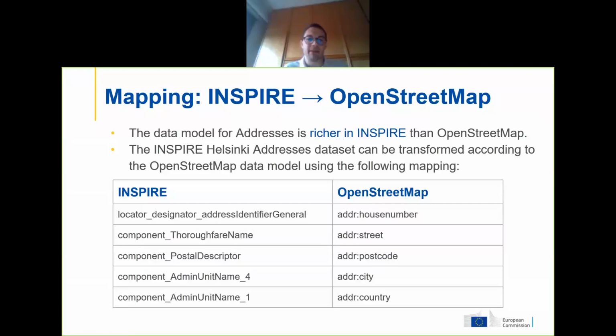So this is basically the mapping. Again, what we could have done was to take the full Inspire mapping table for addresses that allows you to really fill a very big table that maps one application schema from Inspire to a target application schema.